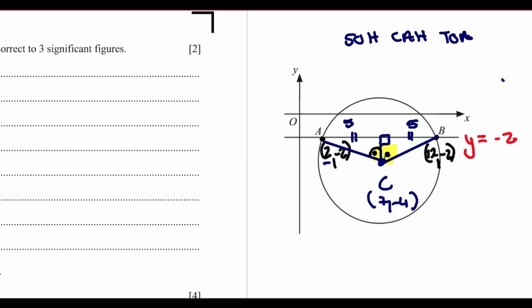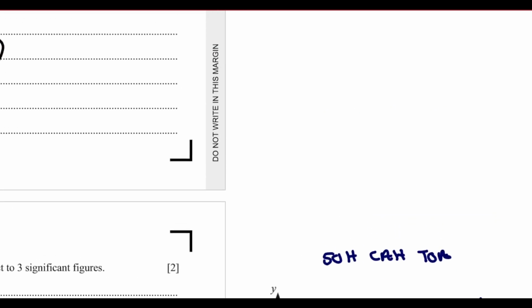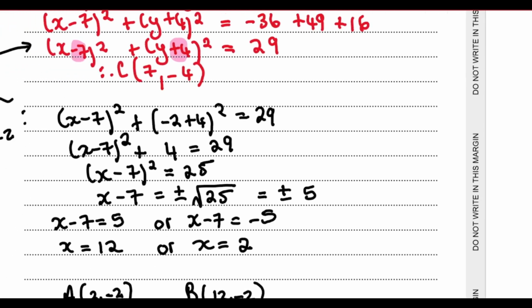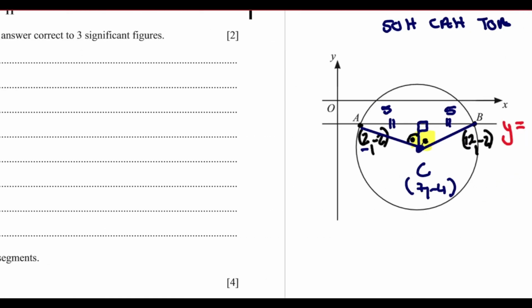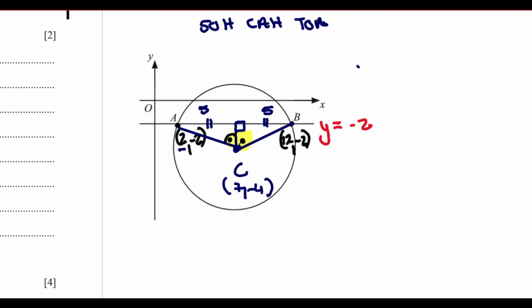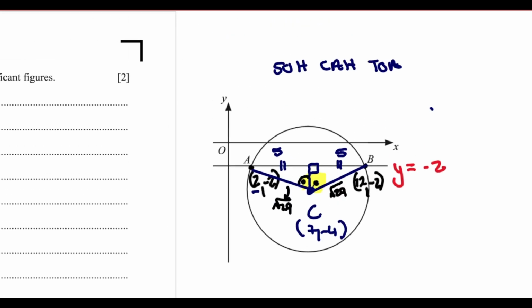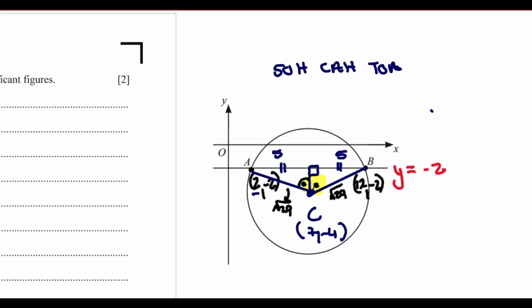So far we only have the side 5, but how far is it from C to B and from C to A? They are both radii, and remember r squared over there is 29. That means the radius is the square root of 29. So I have the square root of 29 there, and also there. What do we have? Think of this angle.